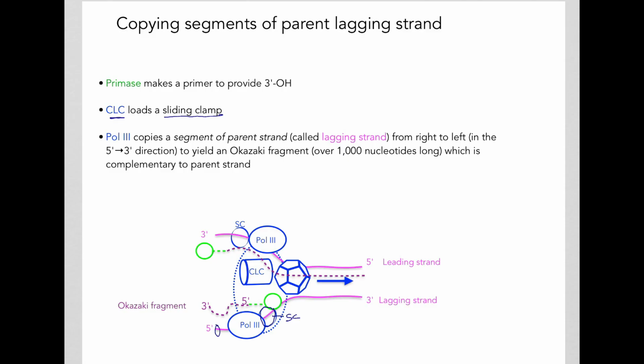And once the sliding clamp is loaded, the enzyme polymerase 3 will attach to this template and start copying it. Remember, it only copies in 5' to 3', which means it will copy here 5' to 3' from right to left.